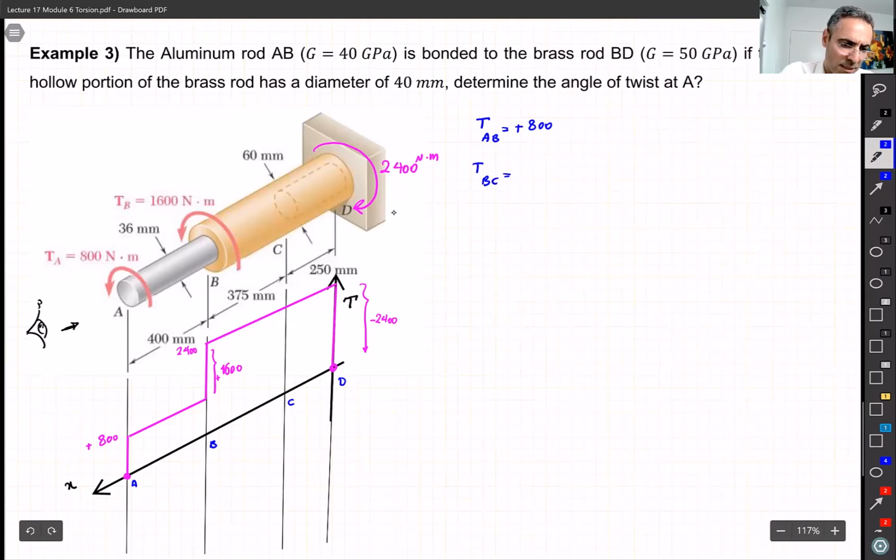TBC is 2400. And TCD is also 2400. And they are Newton meter, and Newton meter. And they are all positive. So that's about the torque. If you got this part right, the rest is just substituting numbers, right?